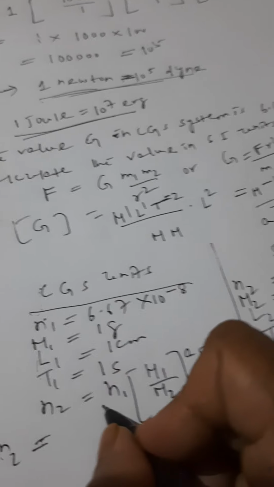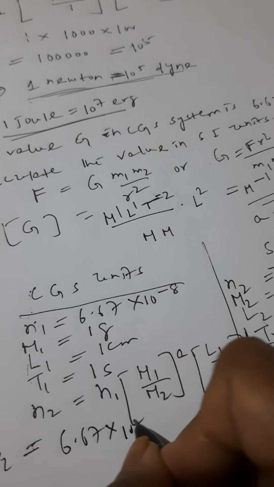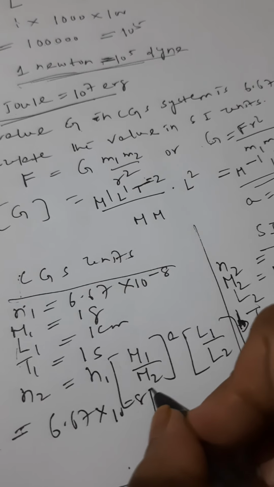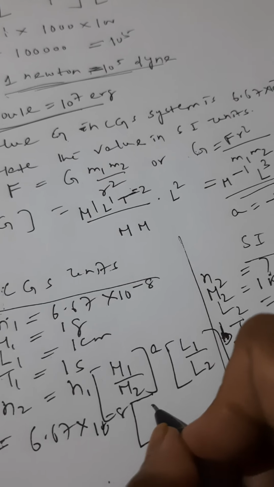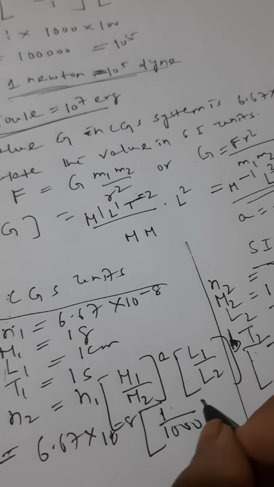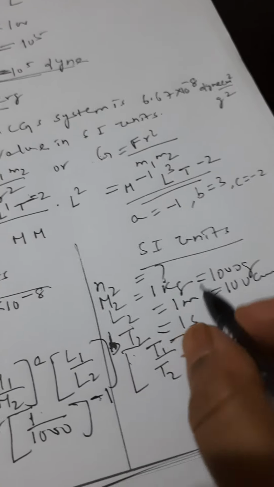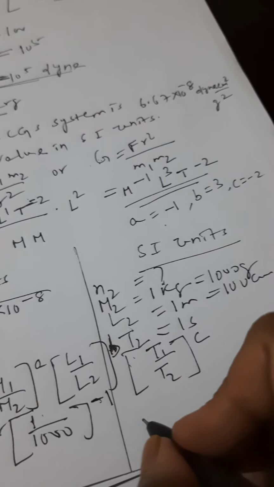Or N2 is equal to N1, put the value 6.67 into 10 to the power minus 8, M1 is 1, M2 is 1000, 1 by 1000 whole to the power a, a is minus 1.